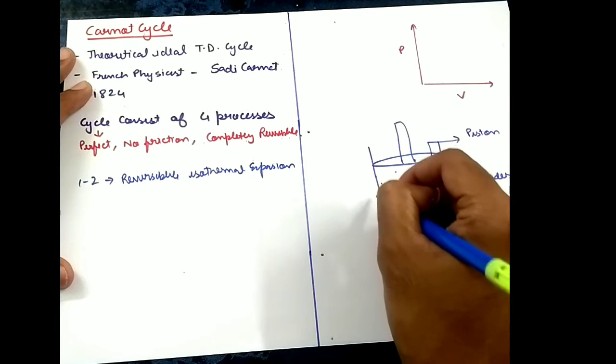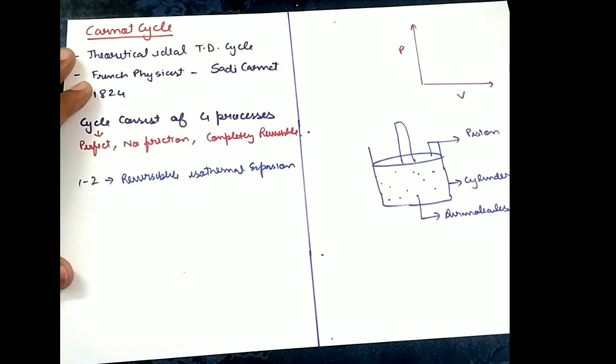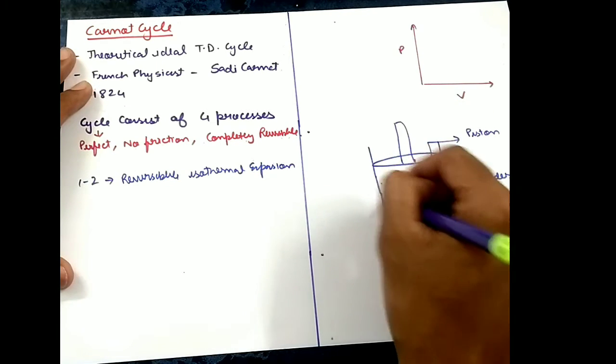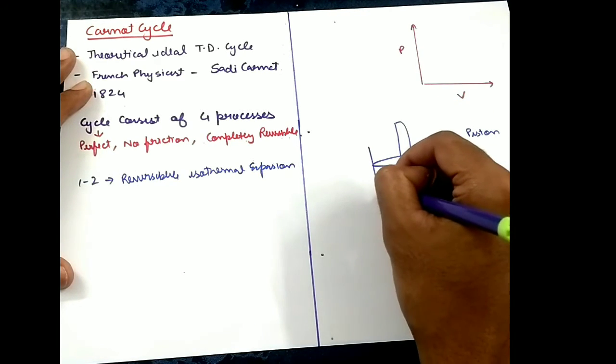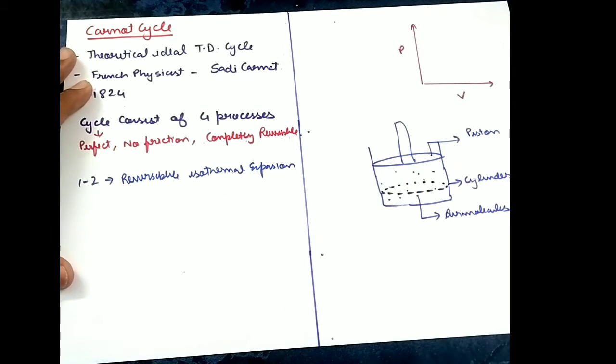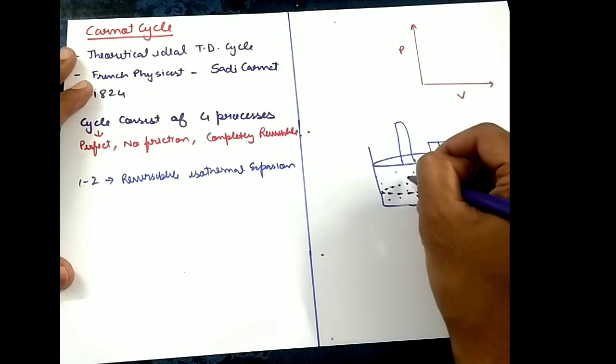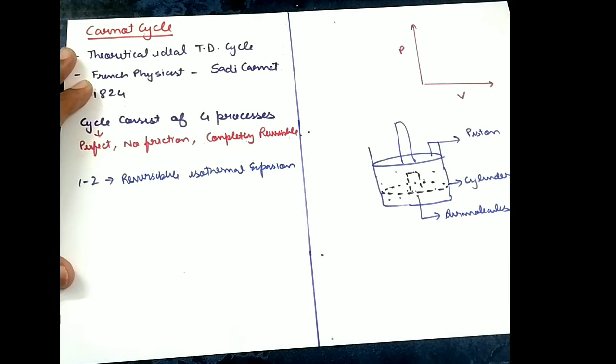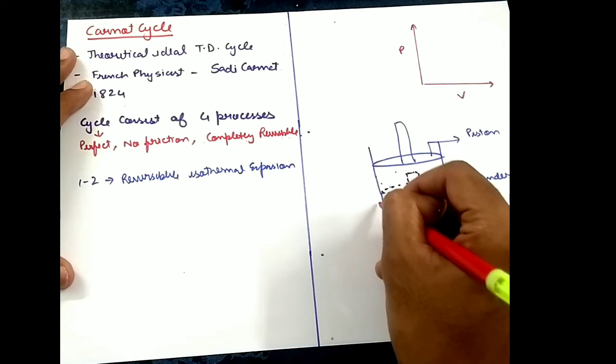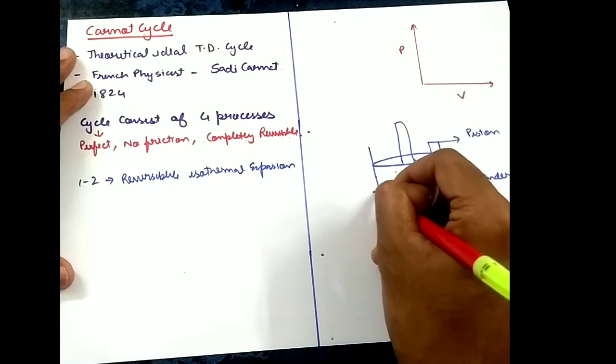I'll draw the piston with a dotted line. If we move this piston up, this is the 1 to 2 process.